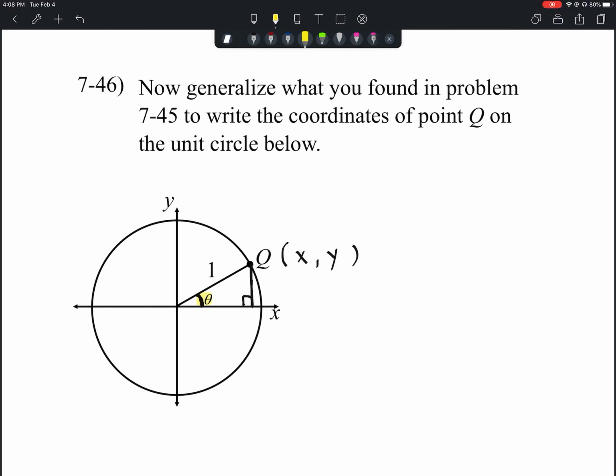So we said that if we did the cosine of whatever the angle was, it gave us our x-coordinate. And if we did the sine of theta, it would give us our y-coordinate. So if we were going to generalize there, we can always find the x-coordinates of our points by taking the cosine of the given angle, and we can always find the y-coordinates by doing the sine of the given angle.